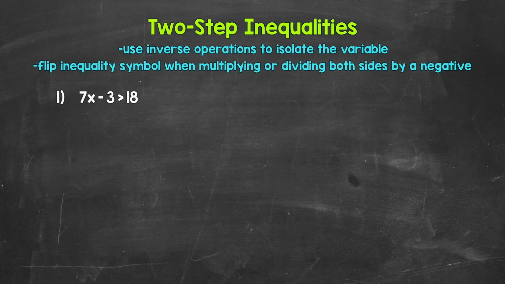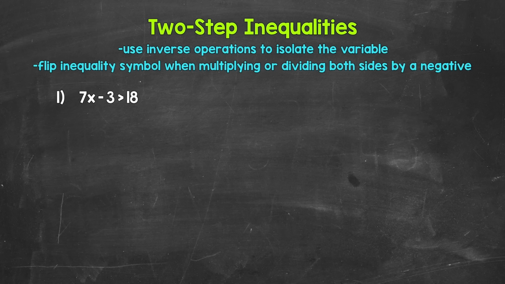Let's jump into number 1, where we have 7x minus 3 is greater than 18. Now here, just like with a two-step equation, we want to undo the subtraction first. We go in the reverse order of operations to undo the operations and isolate the variable.